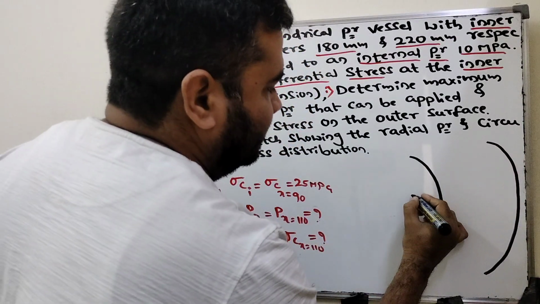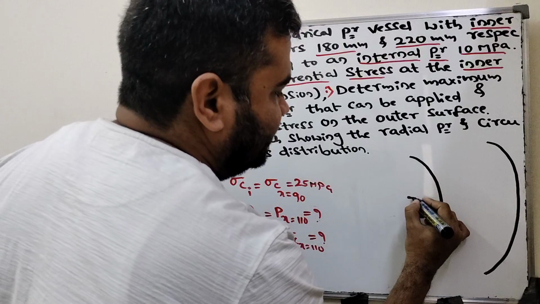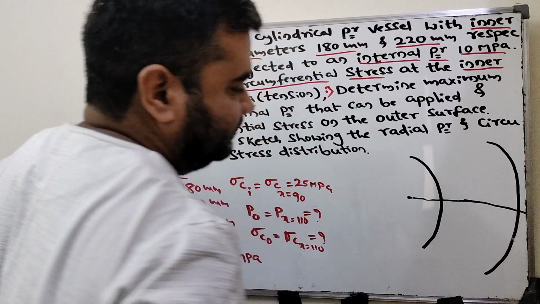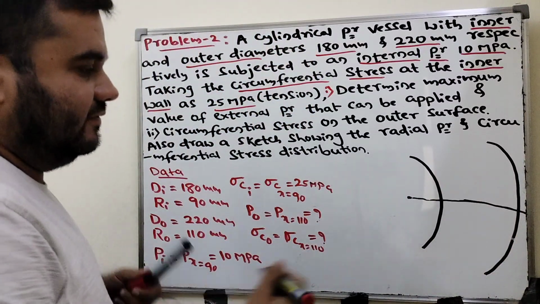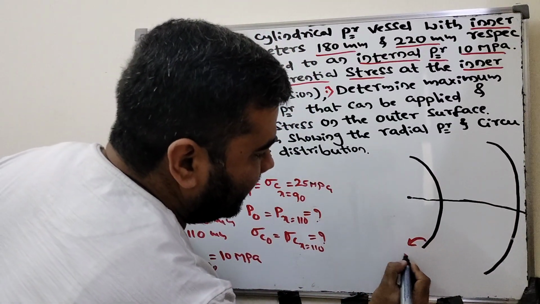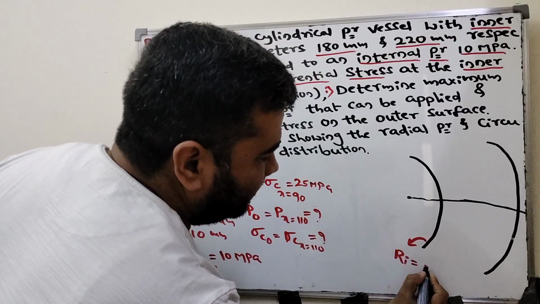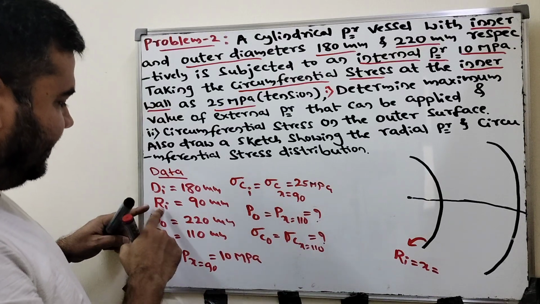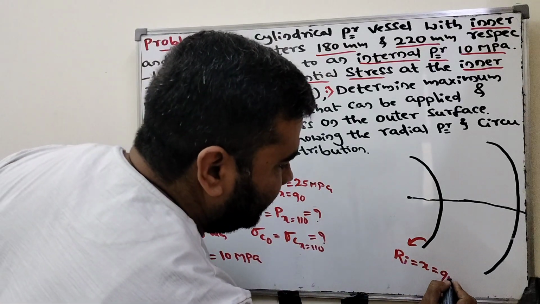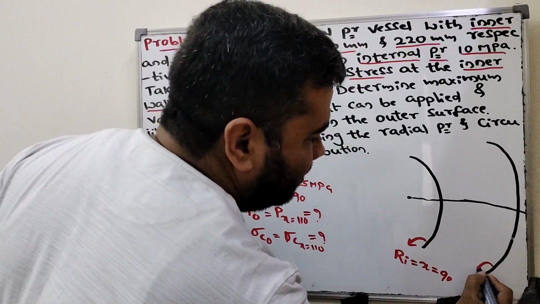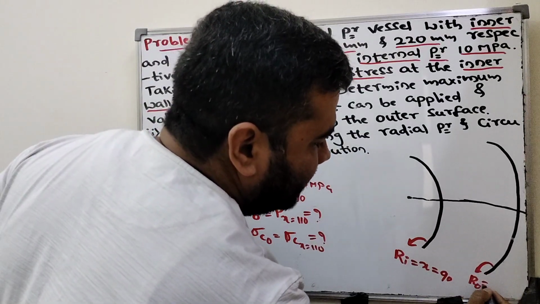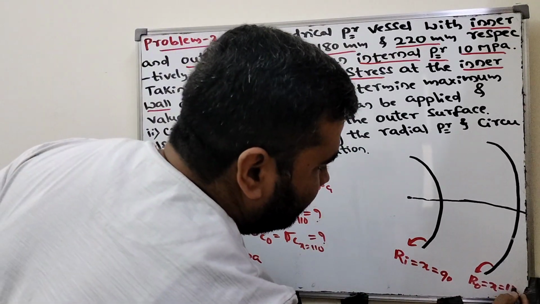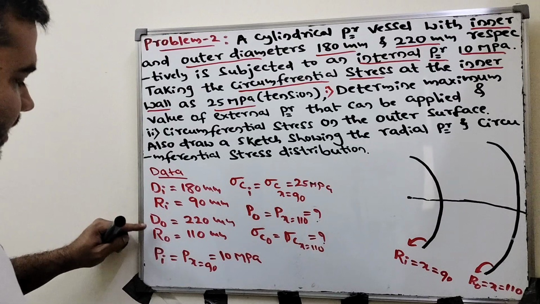First we mark this as Ri, at x equal to 90, the inner radius is 90 mm. And this one is R naught, at x equal to 110. The outer radius is 110. These two we mark here.